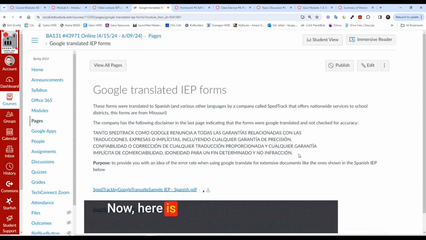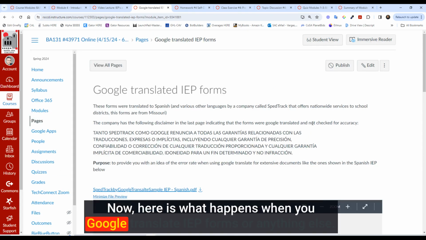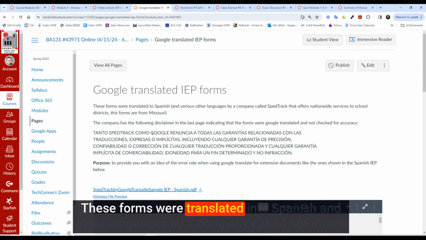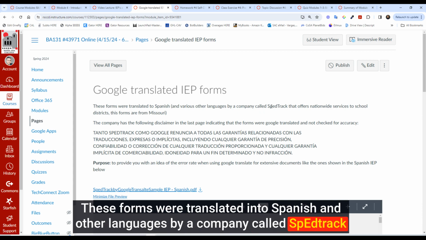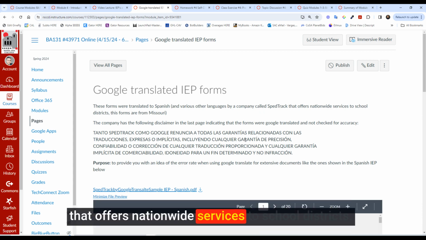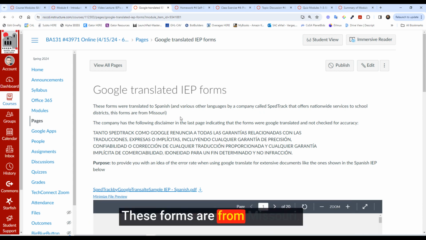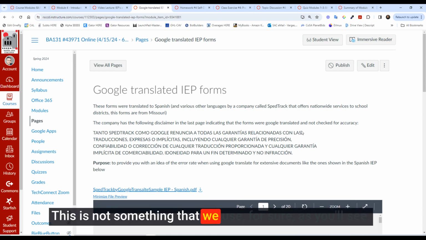Now here is what happens when you Google Translate IEP forms or anything else. These forms were translated into Spanish and other languages by a company called SpedTrack that offers nationwide services to school districts. These forms are from Missouri. This is not something that we use for sure, as you'll see.